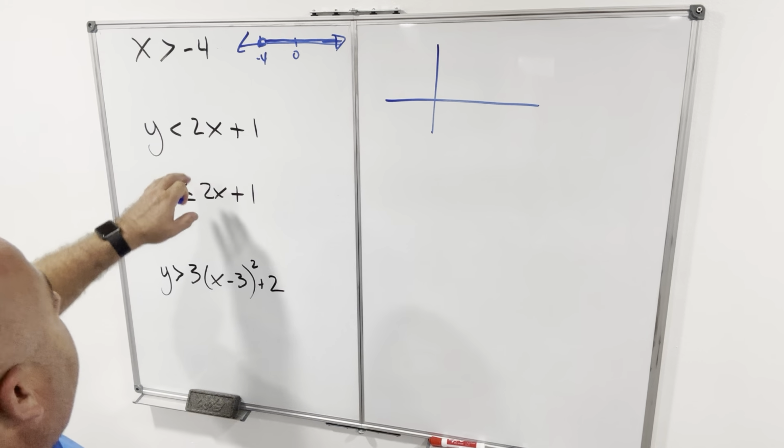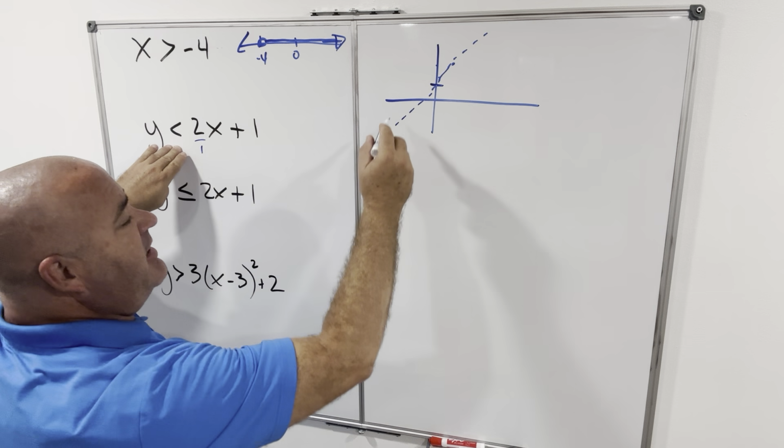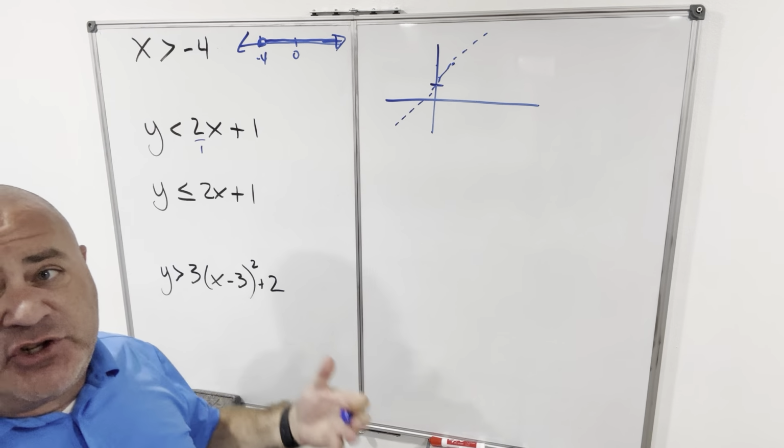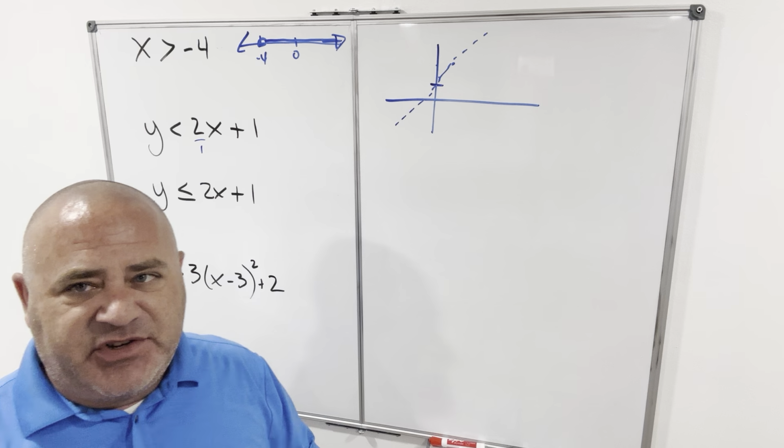But because we're just using less than here, we're going to do a dotted line, just like we did an open point here. We want to check to see, in an inequality, which side of this line we are going to shade in. The easiest way to do that is to pick a point that's very easy to figure out.